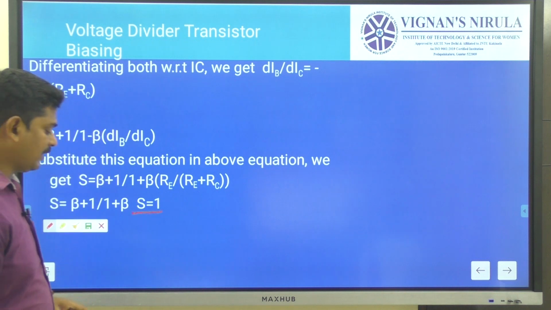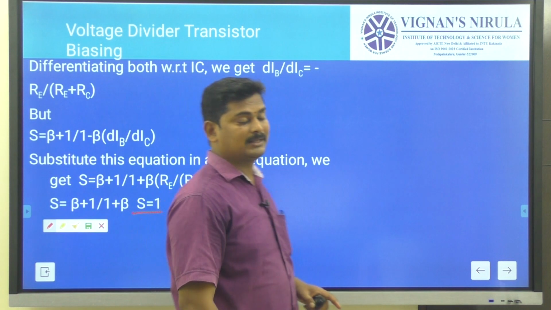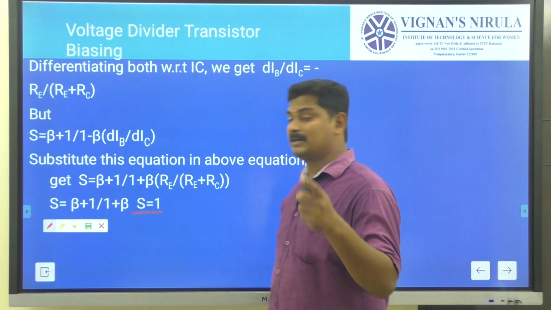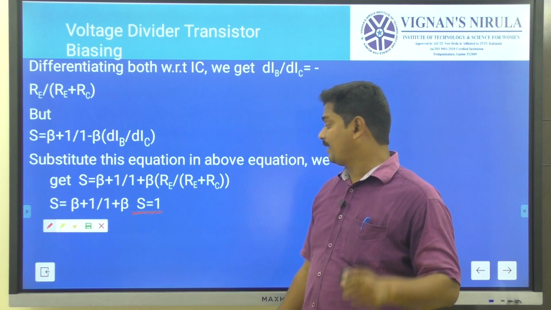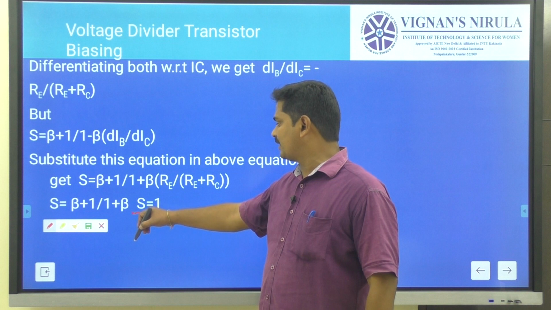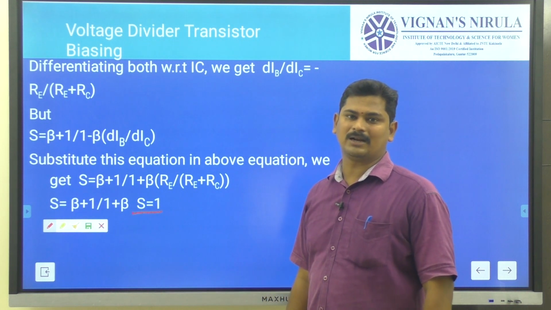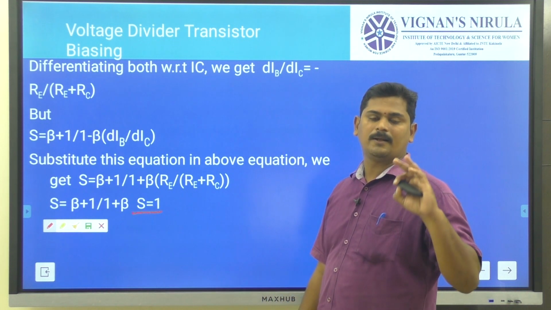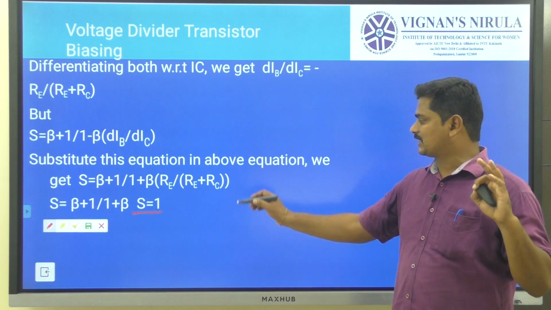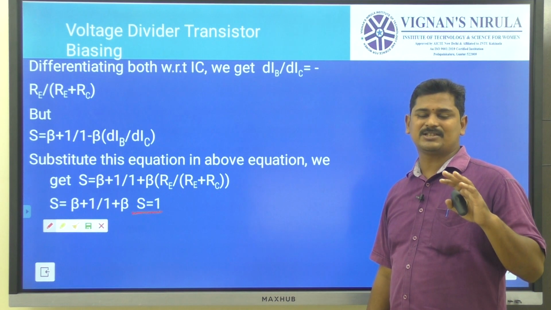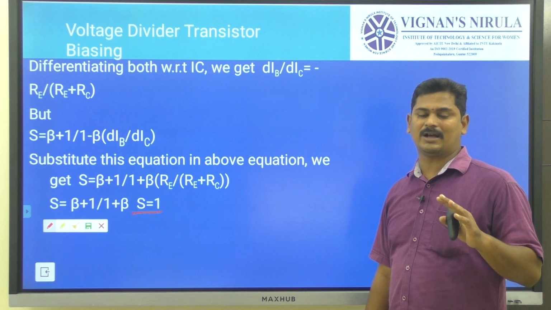For voltage divider biasing, we got very high thermal stability due to this stability factor, and here we got 1. Generally, students, for the stability factor S, theoretically we can say 0, but practically a value of 0 won't exist.